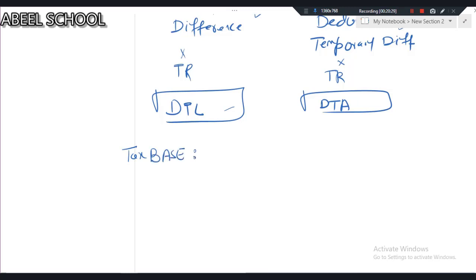Now you might be thinking, what do you mean by tax base? You might have heard many times a student say our base is very strong, but right now I'm discussing tax base. So what do you mean by tax base?